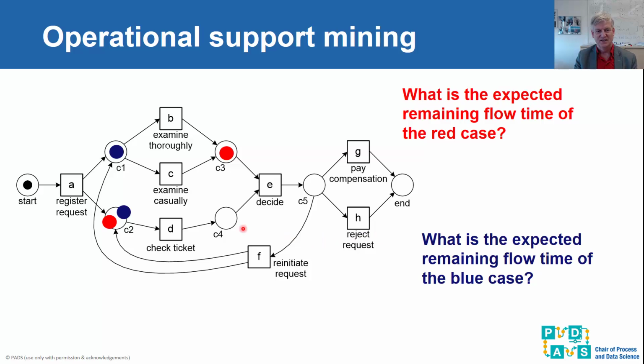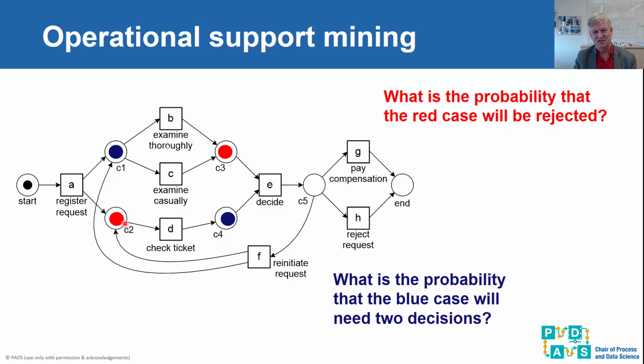So here I have, for one case, let's call it the red case and the blue case, I'm indicating their states, and using these supervised learning problems generated on top of process mining results, we can answer questions like what is the expected remaining flow time of a particular instance. That should be clear. We can predict what is the remaining time.